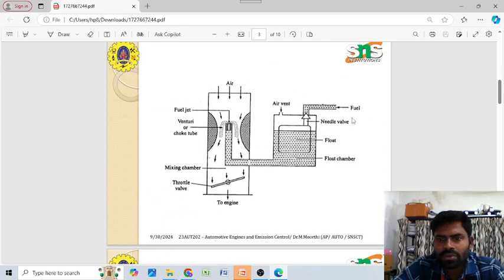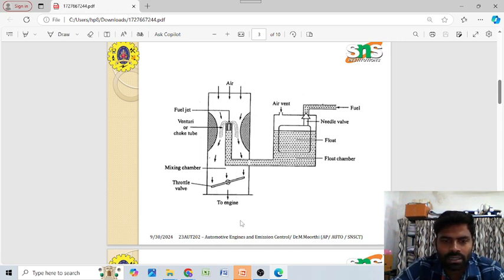We see the fuel is stored in the fuel tank, and the atmospheric air is sucked into the chamber. The fuel is injected and atomization takes place, and the air and fuel are properly mixed in the mixing chamber with the help of the throttle valve.